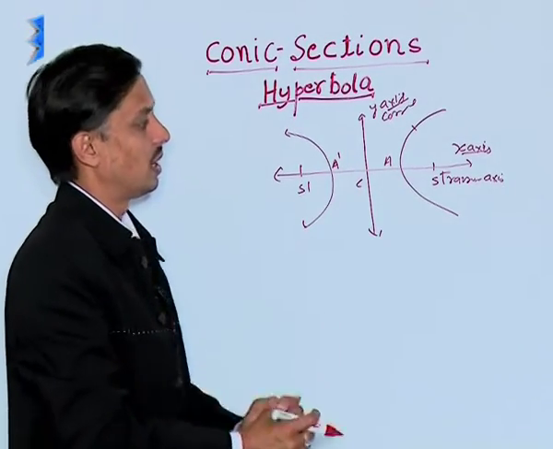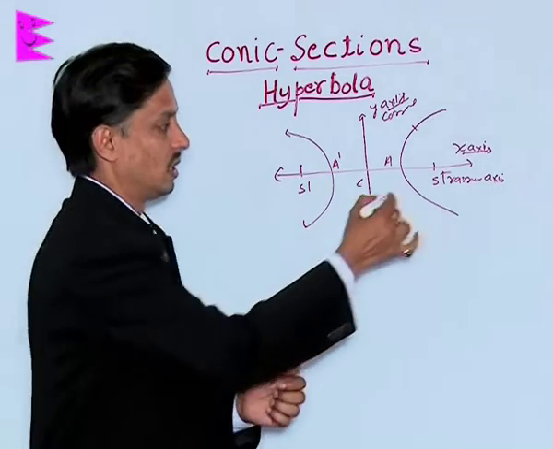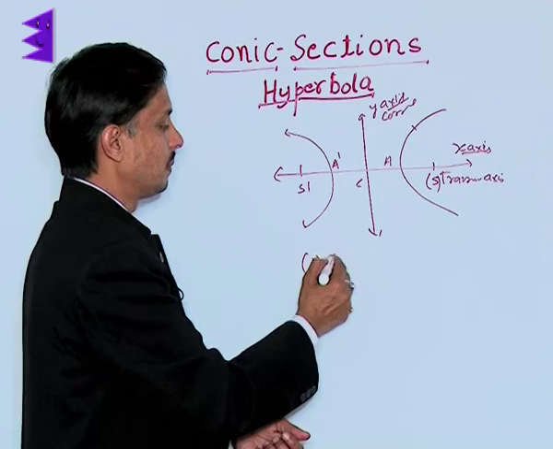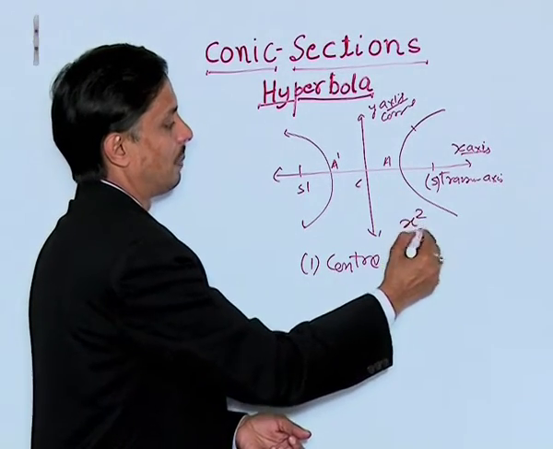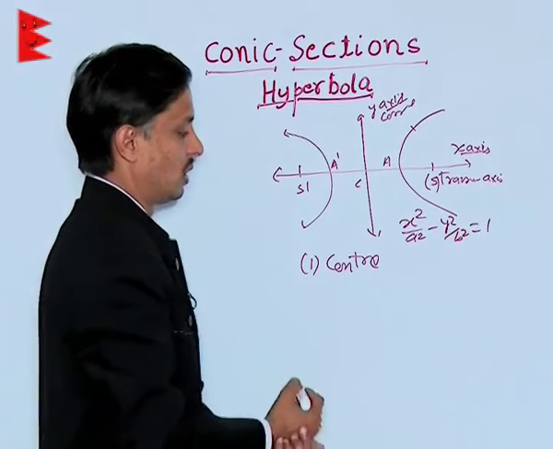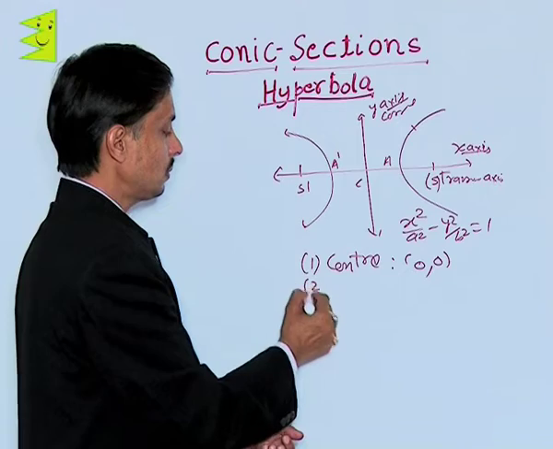So there are again a few pieces of information to always remember. Number 1, the equation of this hyperbola is x square upon a square minus y square upon b square is 1. Coordinates of the center are 0, 0.